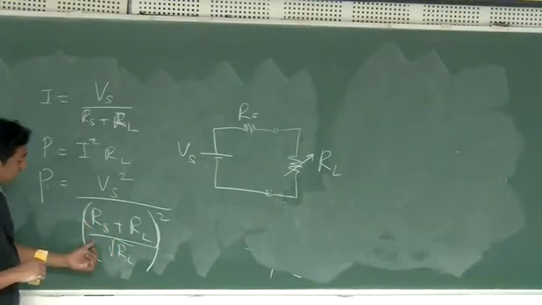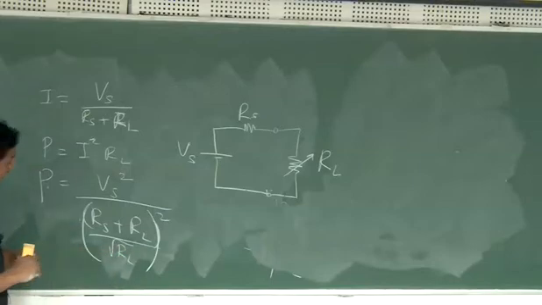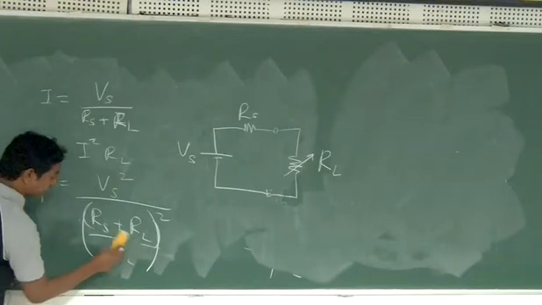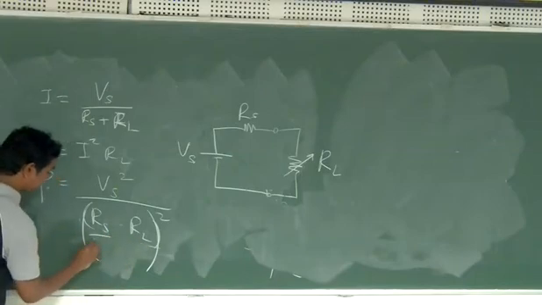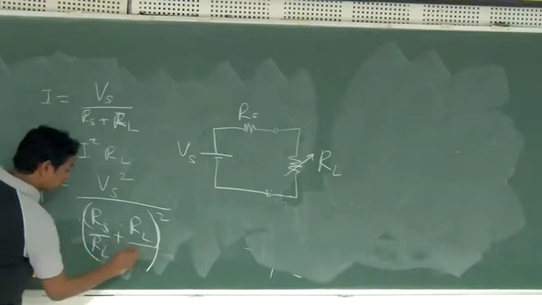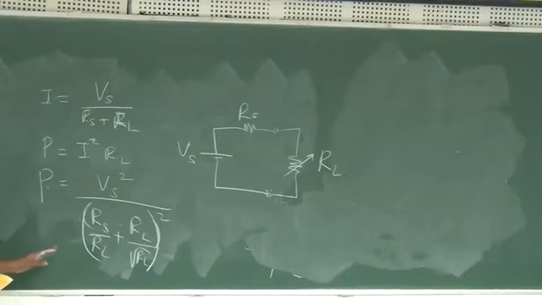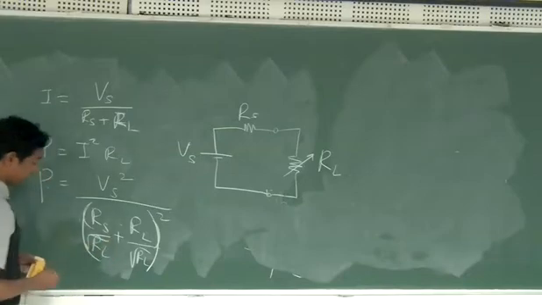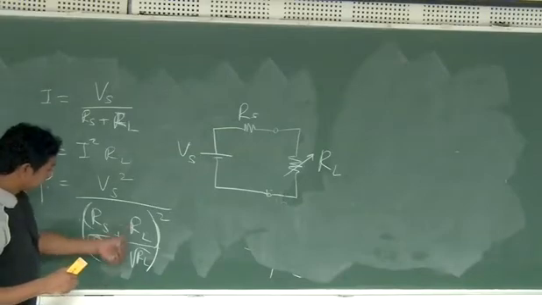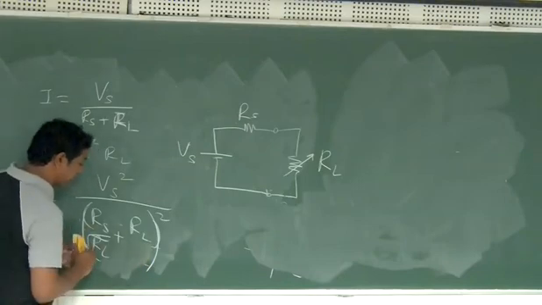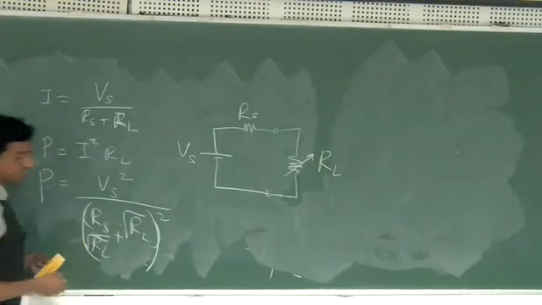So Rs by RL under root, and then this will be 1 by RL under root or something like that. Okay, so I'll just put it like this. Is that correct? Oh, this is root. So now this we can cancel. It will be like this.